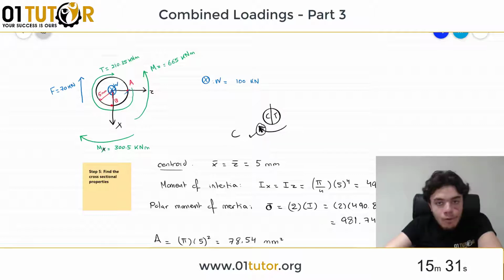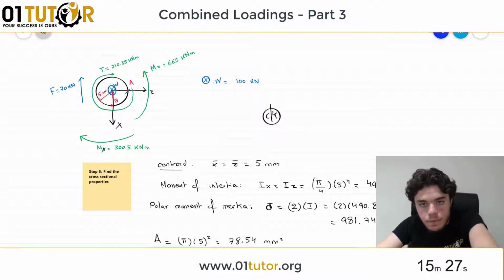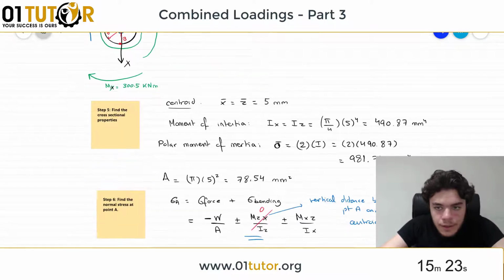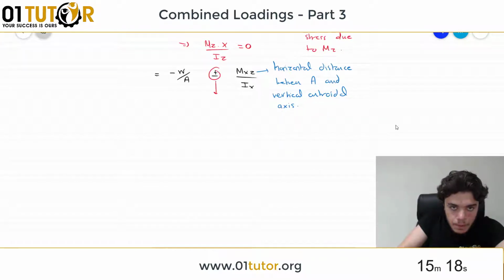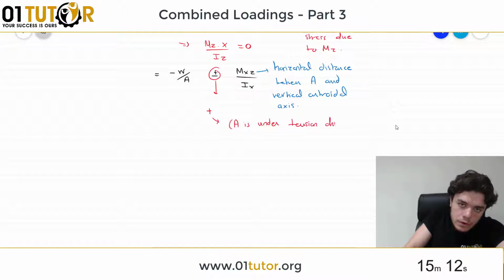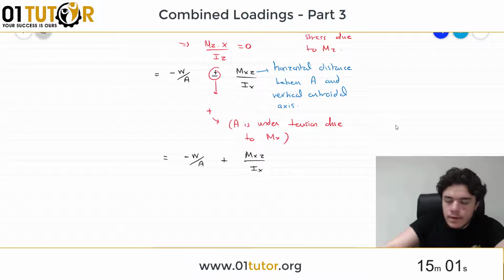So we now know that A is under the tension zone with respect to Mx, and therefore this would be a plus. Therefore sigma at point A is minus W over A plus Mx z over Ix.